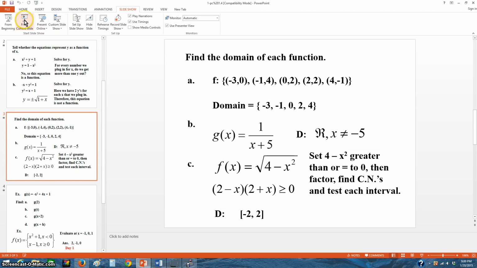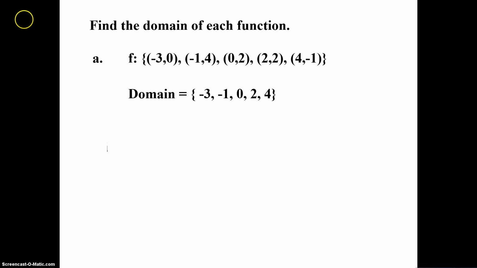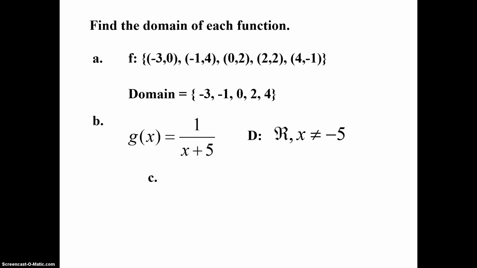Let's continue with C. Now, this one's a different one, but it's the same thing. This one is involving radical expressions. So here in this case, we have the radical, or the square root of 4 minus x squared. Now, remember, we had a stipulation with radical expressions.